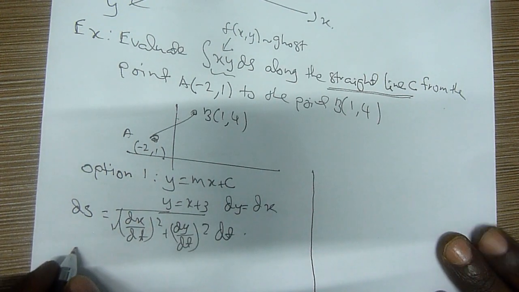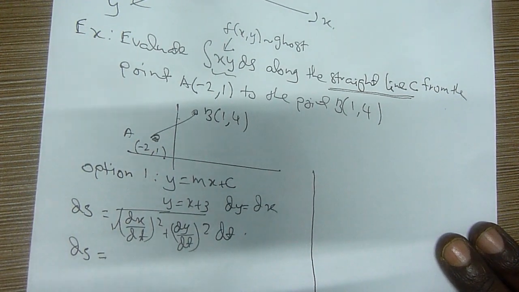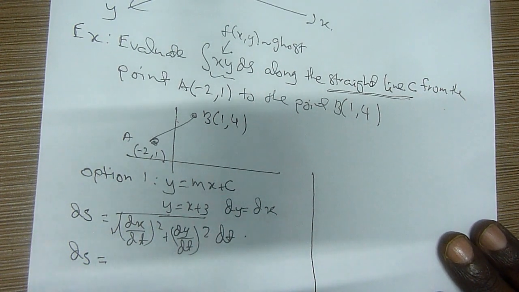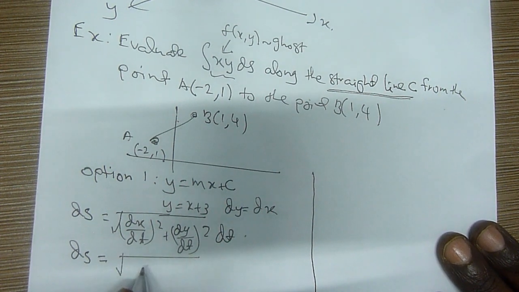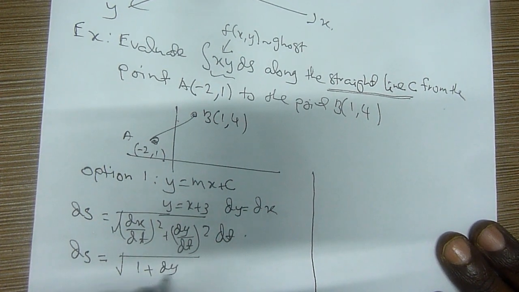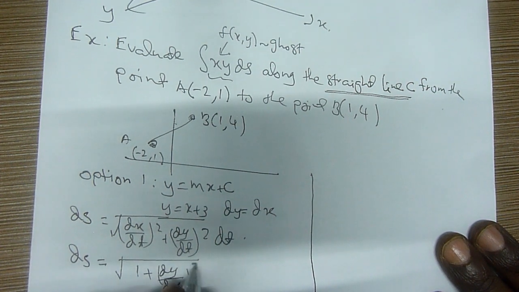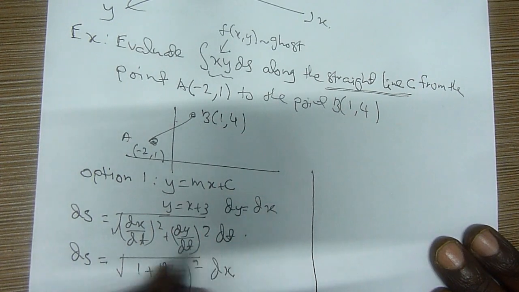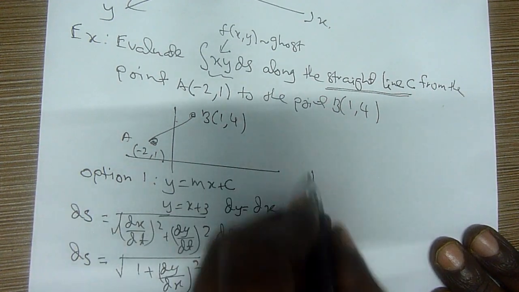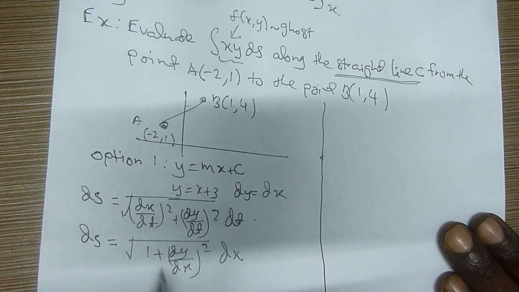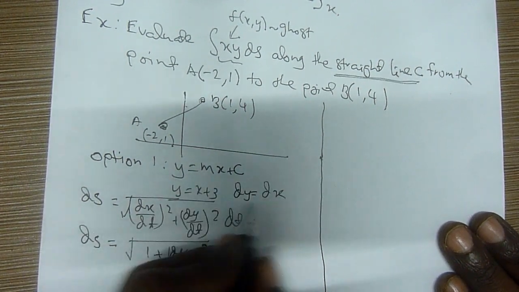Here I'm showing all these things because these formulas can be written in various ways. I use dy/dx with dx. I don't use dt now. Later I'm going to show you how to calculate with dt, but now I can straight away use this.